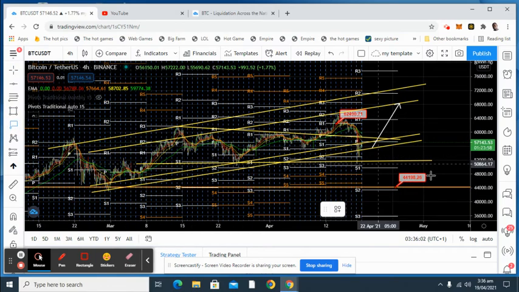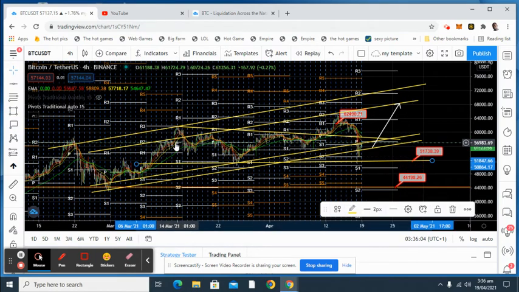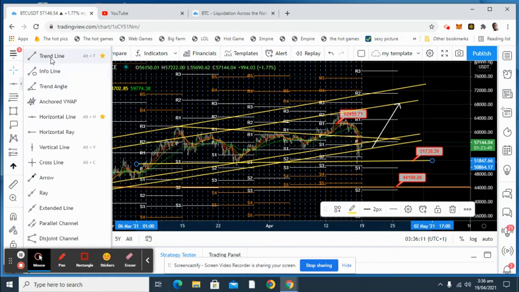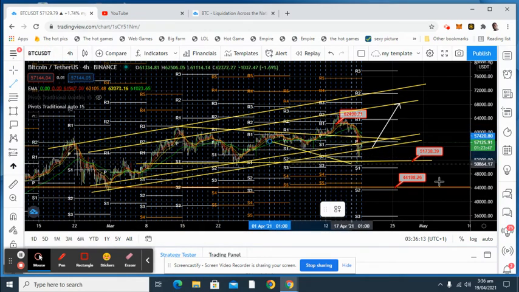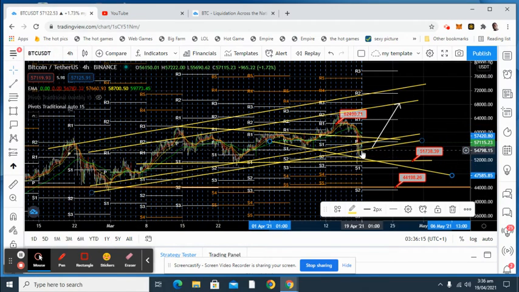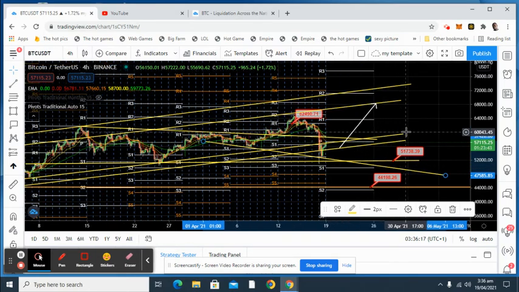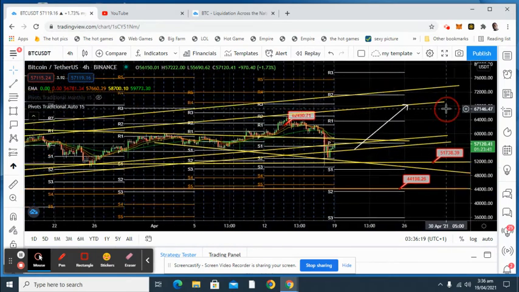That's if it drops further. It came down to this area. So if I'm to look at the worst case of what's happening in the market, let me connect these two points together. So now guys, what we are projecting is we're expecting BTC to get to 68,000.